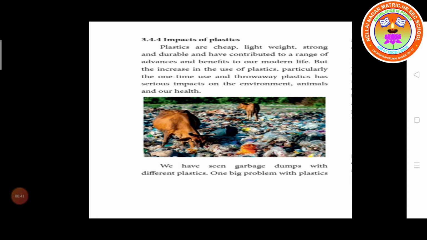But the increase in the use of plastics, particularly the one-time use and throwaway plastics, has serious impact on the environment, animals and our health.